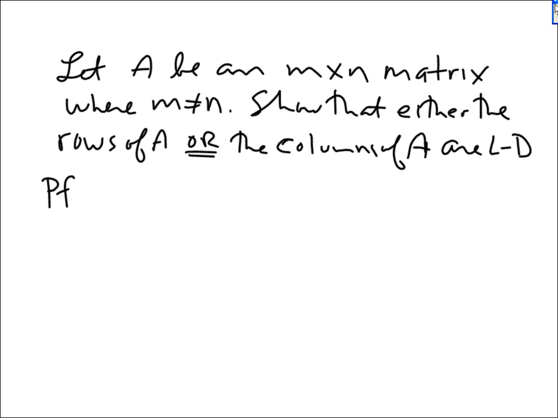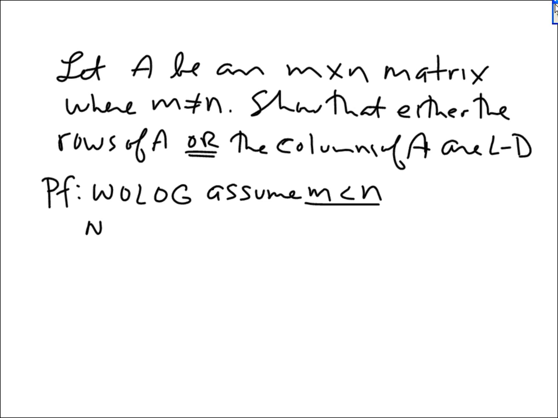A proof. Without loss of generality, assume m is less than n. You can do this proof twice: first assume m is less than n, and then assume n is less than m. But I'm not going to do that. Now, what is the rank of A?